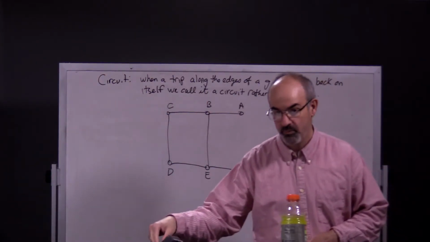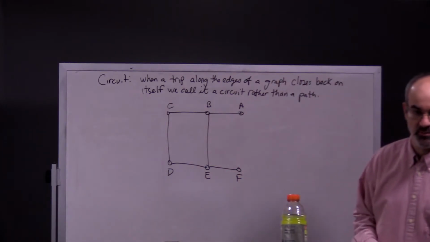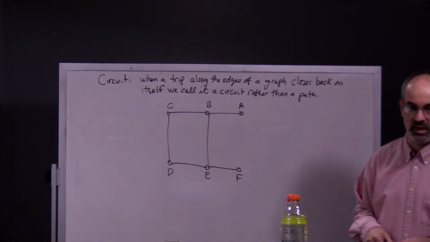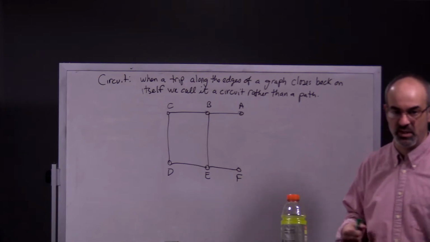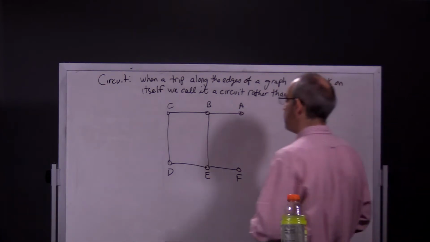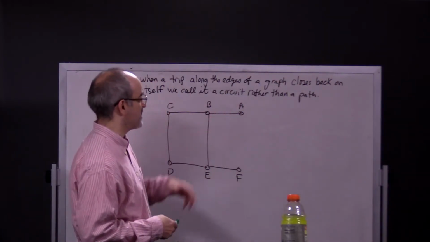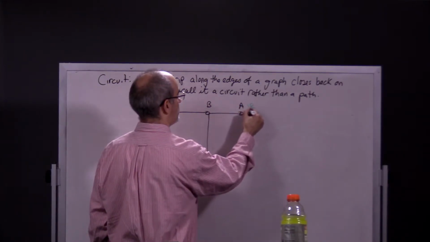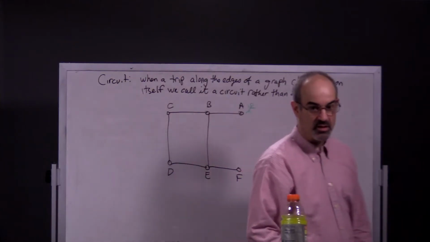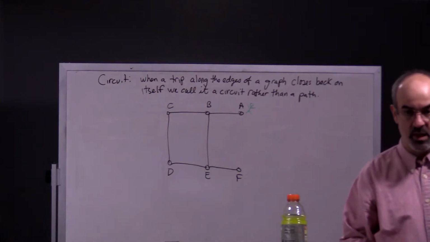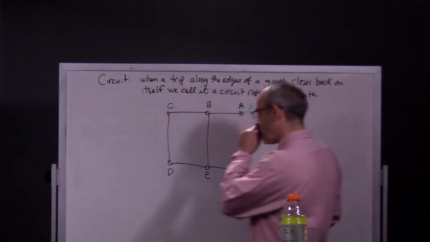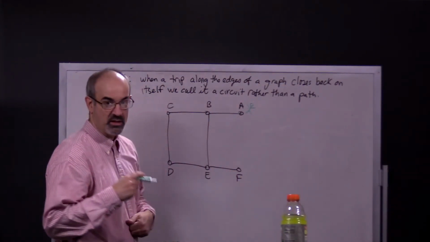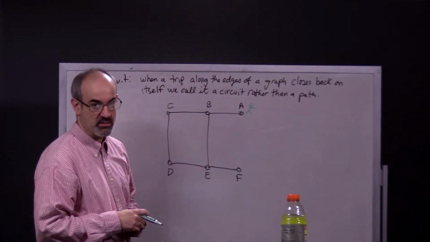Okay, so let's look at maybe trying to find a circuit in this graph here, just to give an example. You're going to notice that if we start here, there's not a circuit, okay? Because we'd have to travel along distinct adjacent edges.